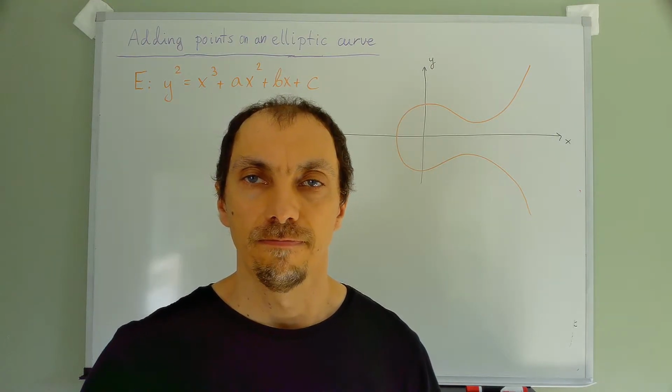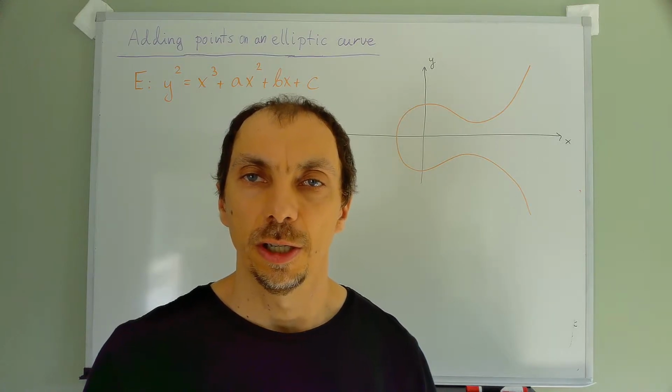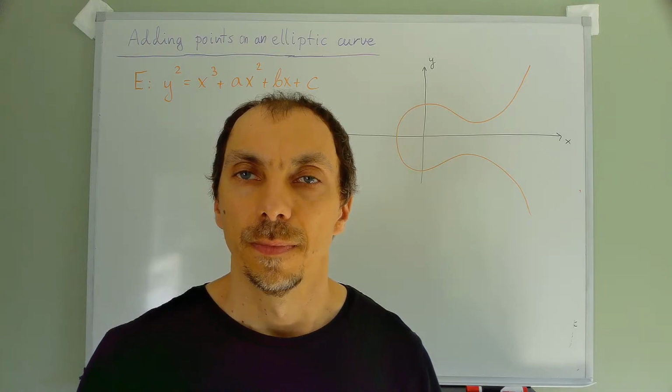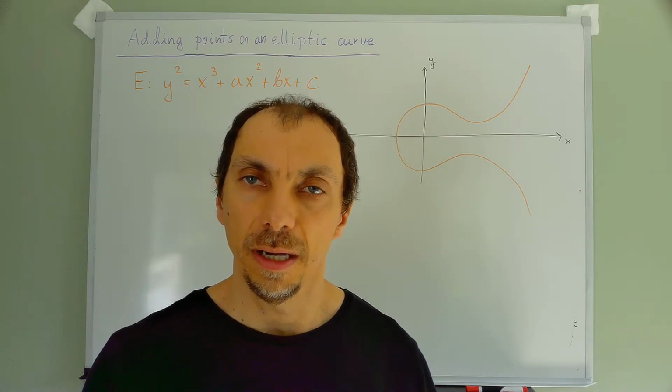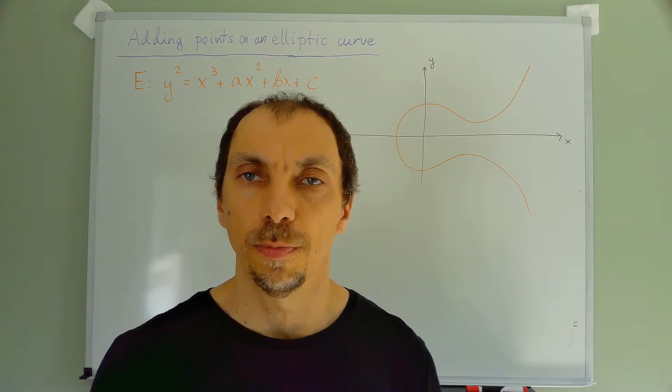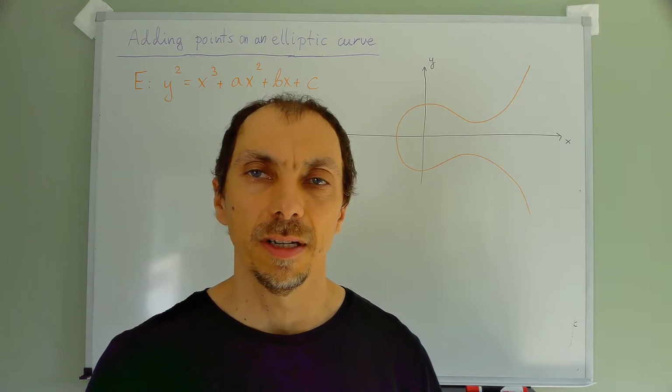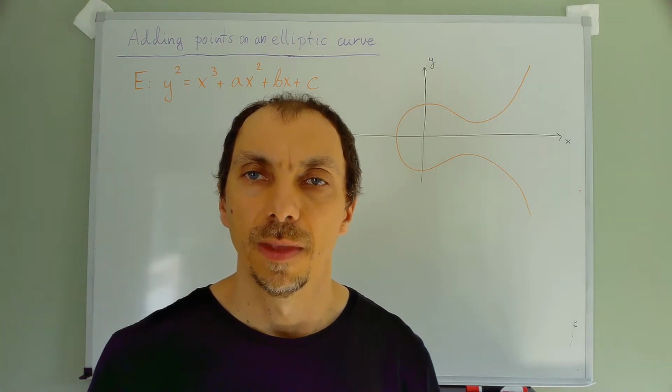You take two numbers, combine them, and get a third number. You can take two polynomials, add them, and get a third polynomial. You take two congruence classes, you add them, and get a third congruence class. All this somehow has to do with numbers.